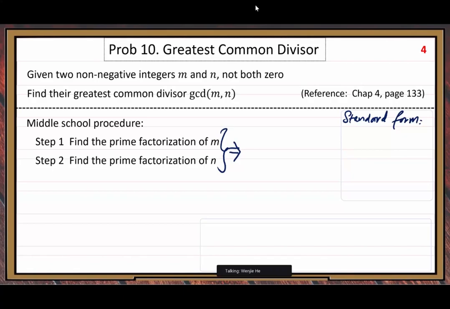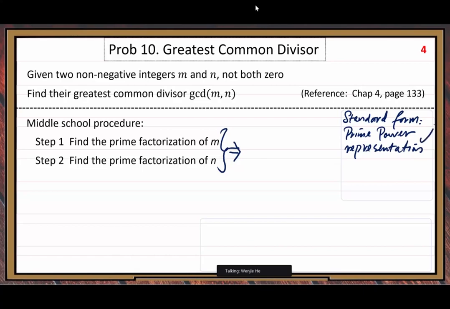That's the prime power representation, or form.